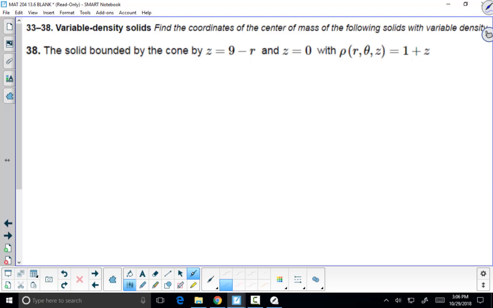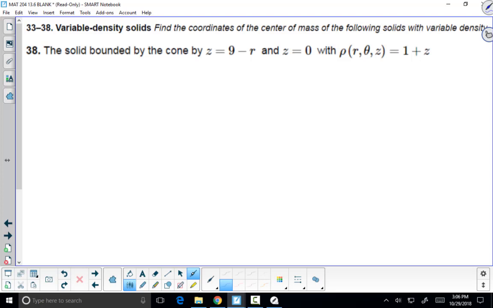So solid bounded by cone. This is going to be perfect. So we've got our cone and the plane z equals 0. Does everybody see that the cone opens down? Because it's negative r. So when r is 0, if you imagine the xy plane, when you're 0 units away, you're up at 9.